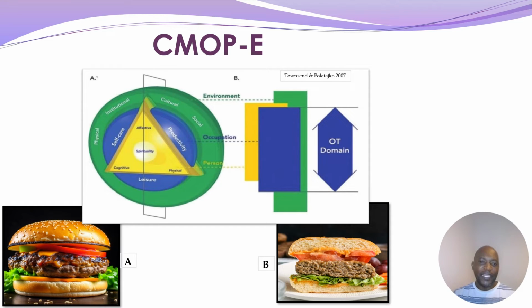And the CMOP-E clearly shows us that our domain of concern as occupational therapists is actually occupation. So that's my way of easily understanding the CMOP-E, or visualizing it, in the sense that the cross section just appears as a burger that has been sliced in half.